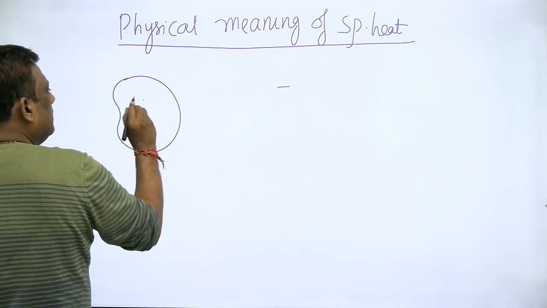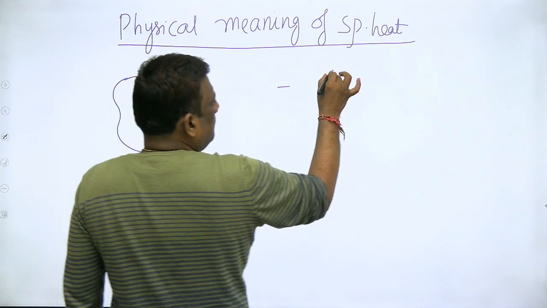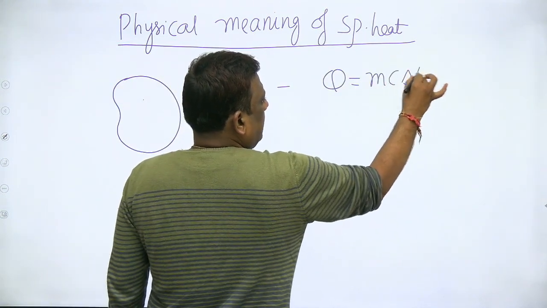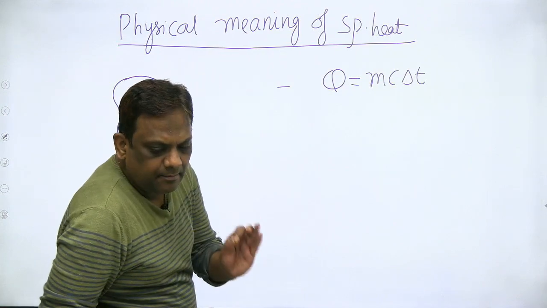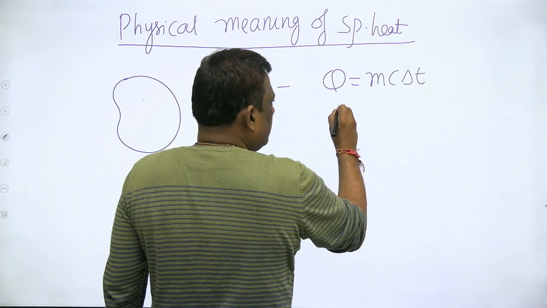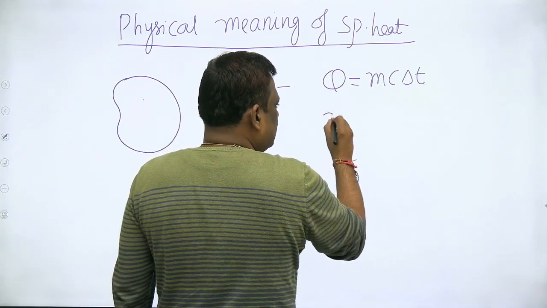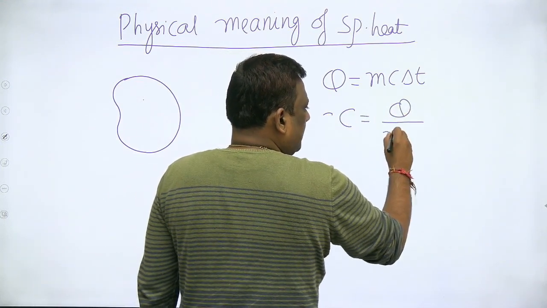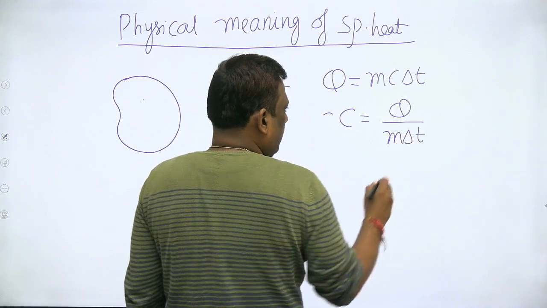See, you know my dear students, Q is equal to mC delta T. I repeat, Q is mC delta T. And I will write this as C is equal to, that is specific heat, Q by m delta T. No problem at all.